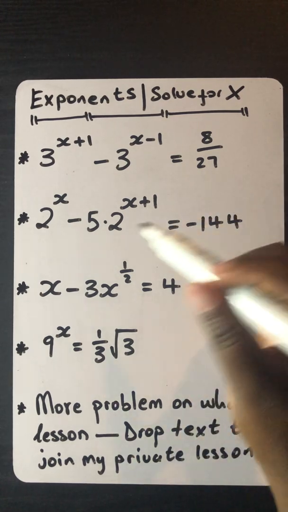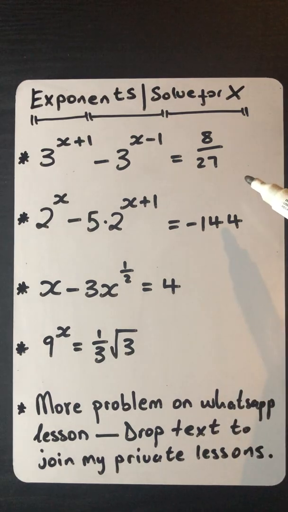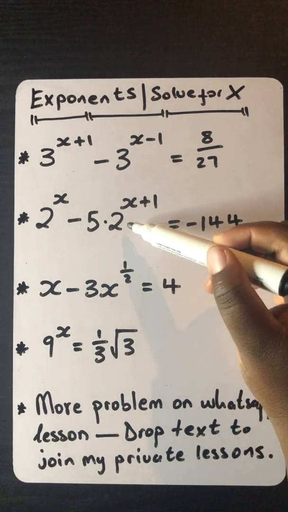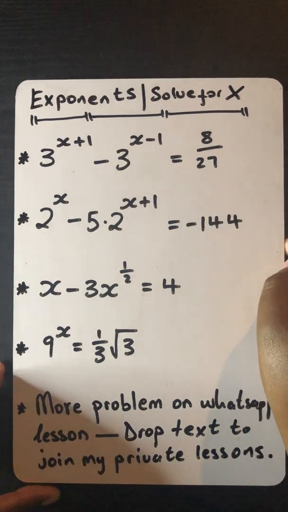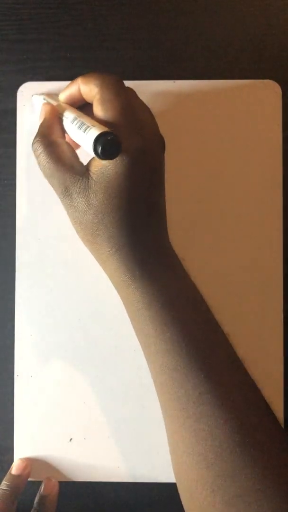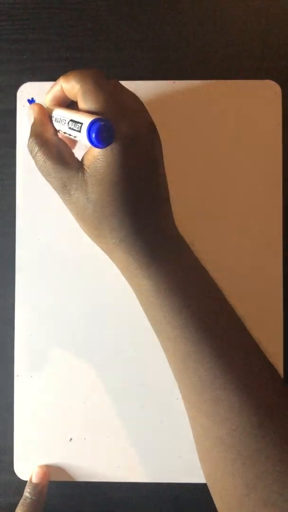So ladies and gentlemen, 2 to the exponent x minus 5 times 2 to the exponent x plus 1, the whole of that is equal to negative 144.